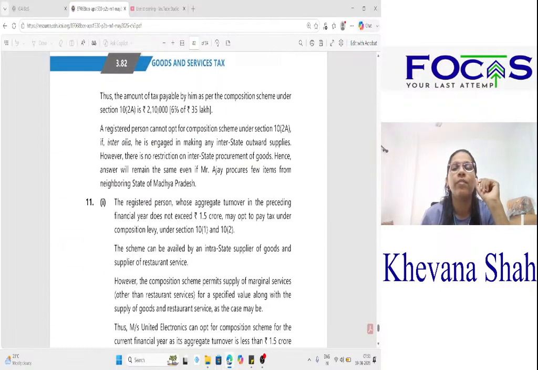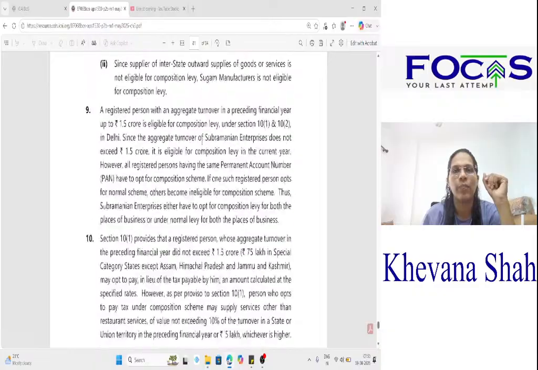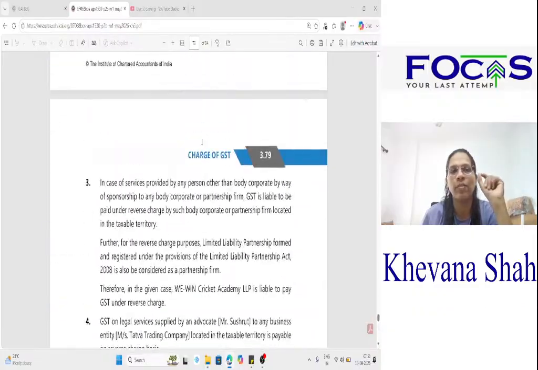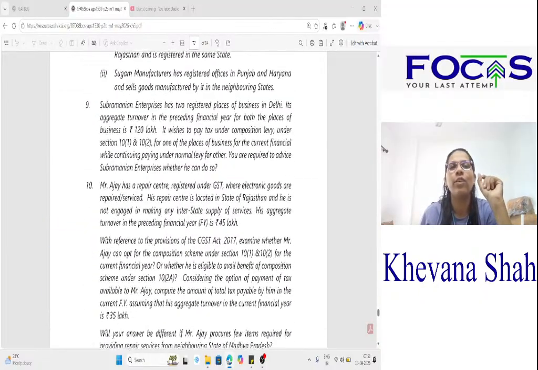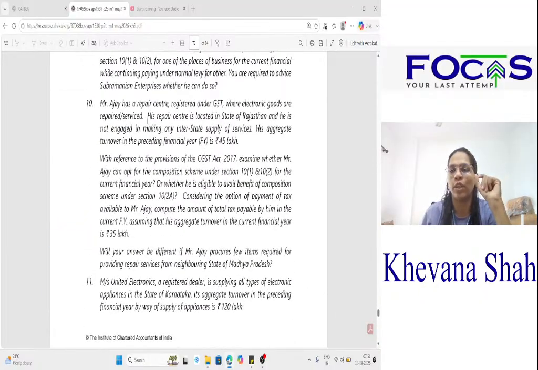Now, we also need to calculate the taxes that will be payable by him. What section 2A says is that your effective rate will be 6% of the turnover. Now see, what is the turnover of his current financial year? You need to take care that when you are checking the limit of turnover, you have to check the limit of the preceding financial year, and while you are calculating your taxes, you will always calculate taxes on the current year's turnover.